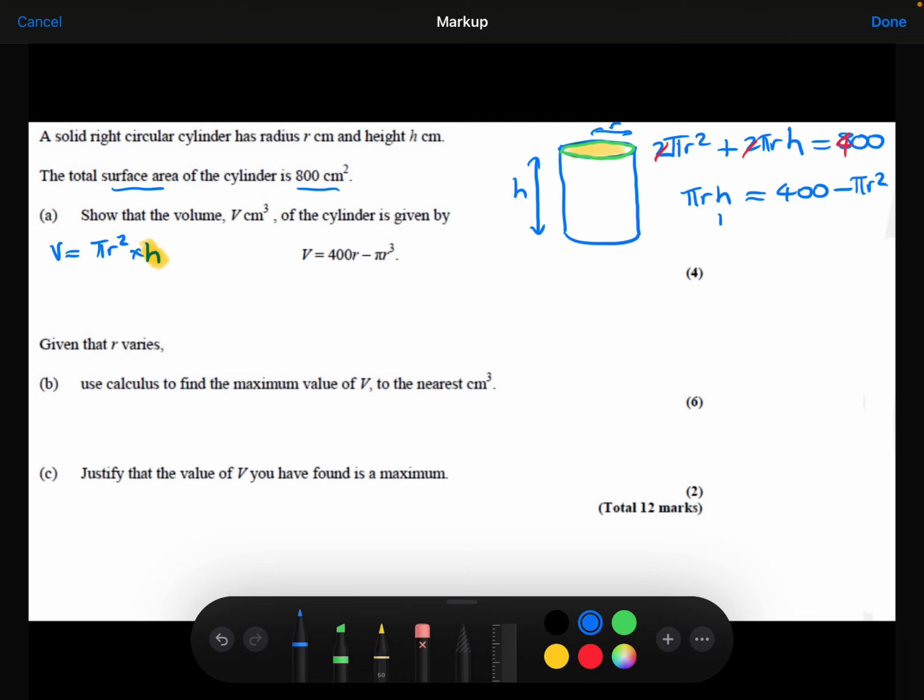And we'll divide both sides by pi r, to find that h is equal to 400 minus pi r squared, divided by pi r. And so I can now substitute this in instead of the h that I had over here.